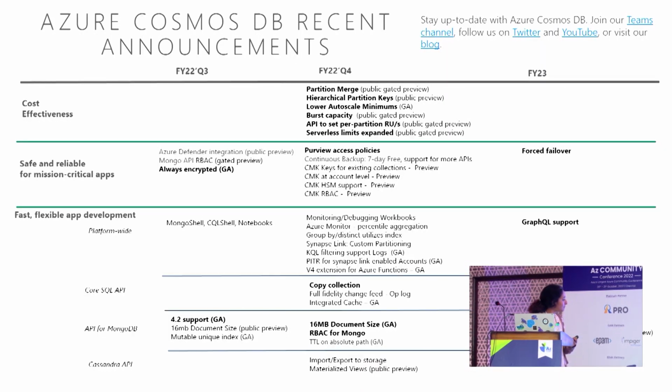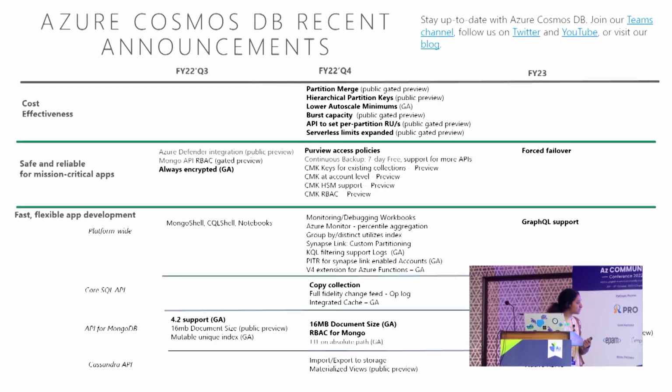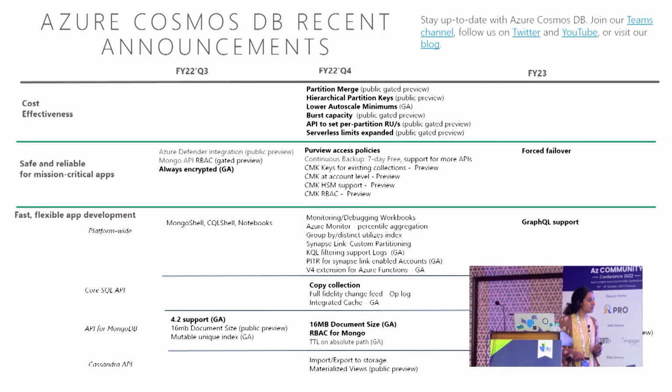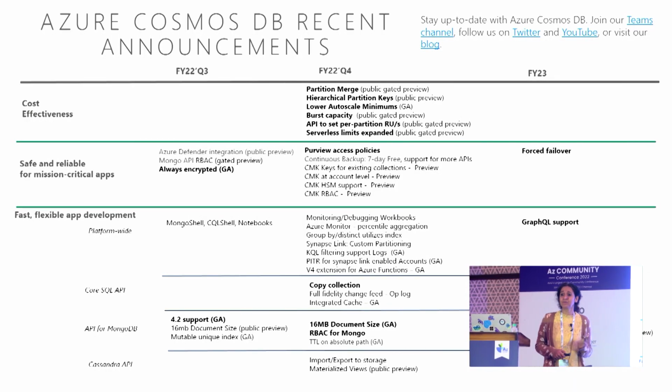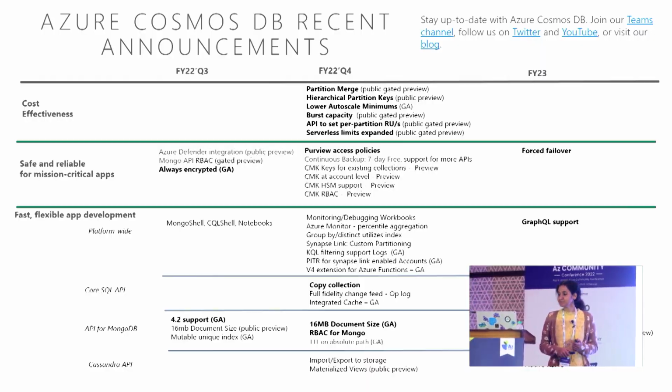And then definitely for developers, to make app development much better across various APIs, there are multiple features that we support on that front as well. One of the call-outs, look out for GraphQL support that will be coming out as well. Then there are components around materialized views and certain other features that you see here.